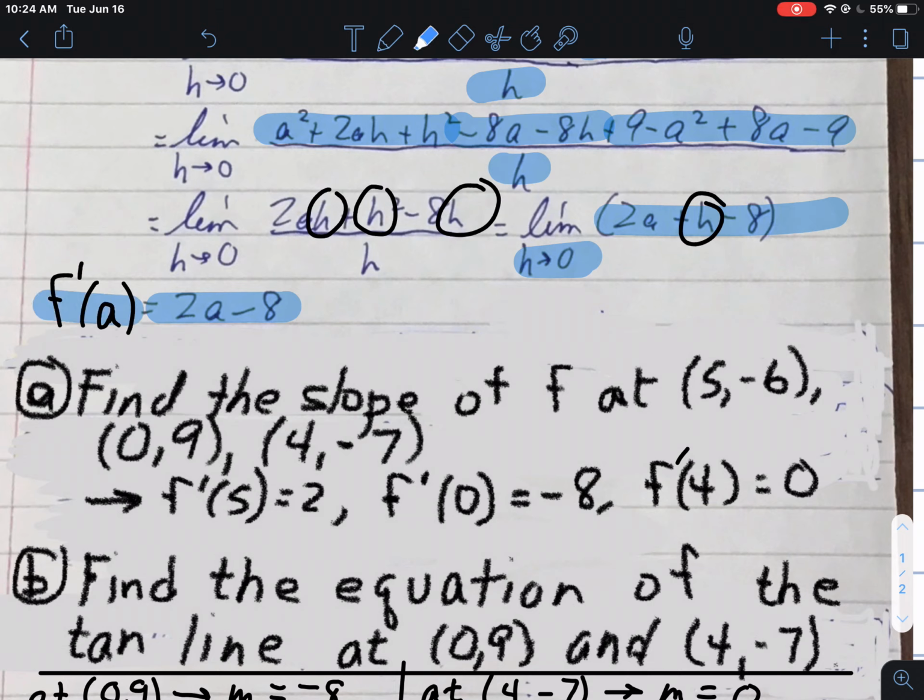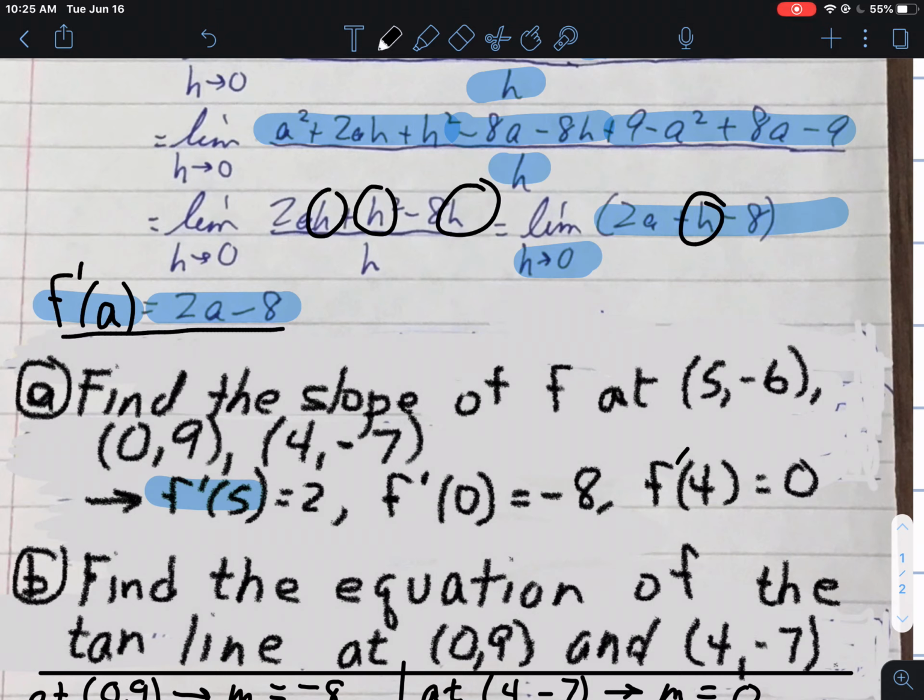So if I want the slope of f at the point 5, -6, then I'm looking at f prime of 5. Then I'm just plugging 5 into that derivative that we just found. That's why I said be careful which function you're plugging it in. If I want f prime of 5, make sure I plug 5 into f prime. If I want f of 5, make sure I plug 5 into the original function f. Just be careful.